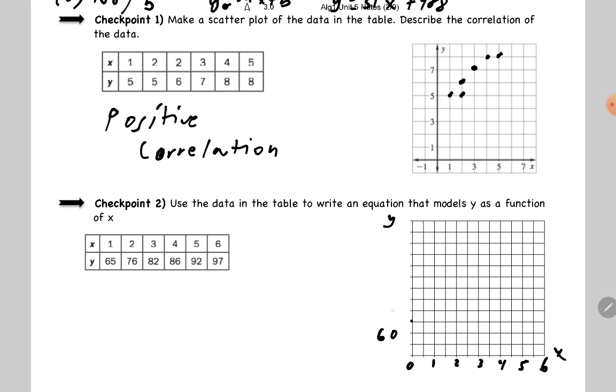So this is 65. And this is 70. And then 75, 80, 85, 90, 95, 100. So you want to choose a scale that would fit most of your data using the most amount of space on your graph.